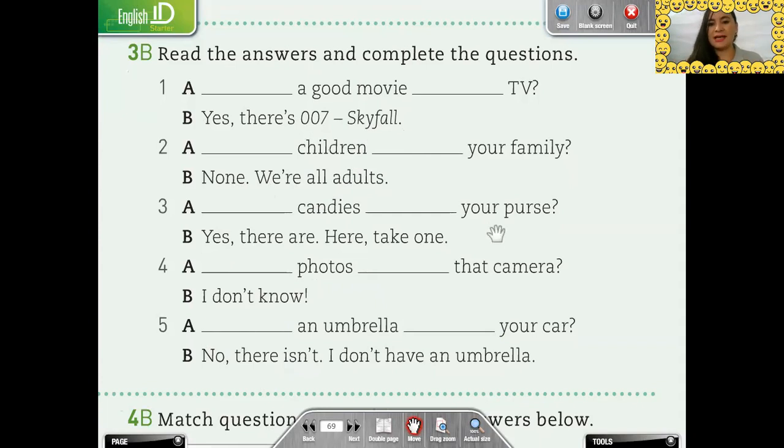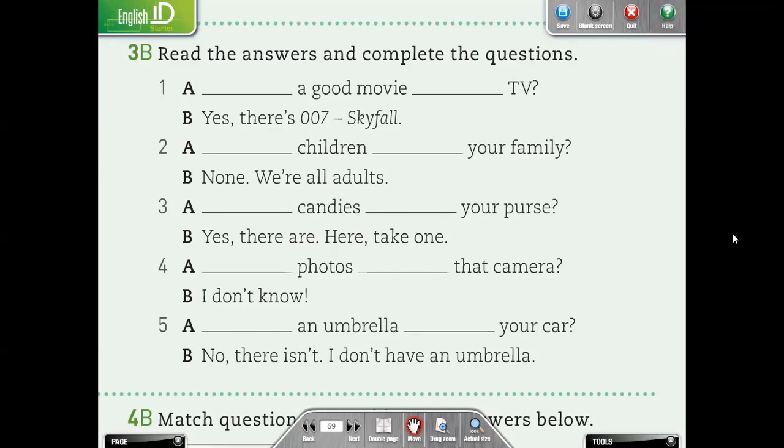For this exercise, I'm going to give you 1 minute. You can complete these exercises by yourself. Try to do it. When you finish, tell me, teacher, I finished, and we're going to check the answers.